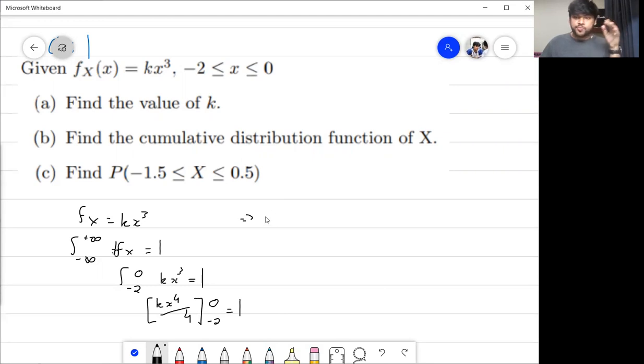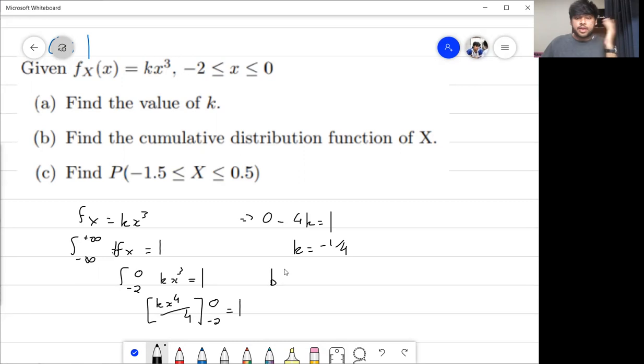If I input 0, this will be 0. If I input -2, -2 to the power 4 is 16, 16 divided by 4 is 4. So minus 4k should be equal to 1. So k is equal to 1 upon 4. No, wait, minus 1 upon 4. Yeah, k is equal to minus 1 upon 4.